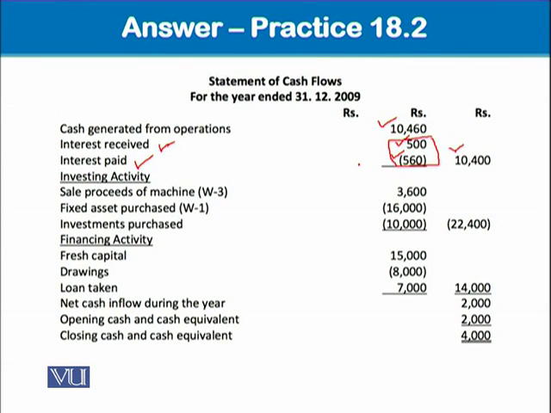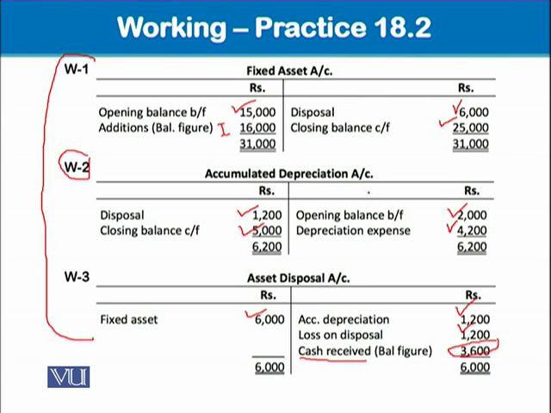It is the requirement of IAS 7. Well, then investing activity comes, in which this information is exactly worked out in working 1, 2 and 3.